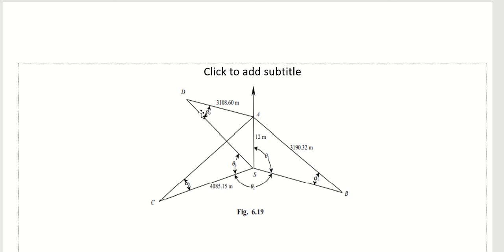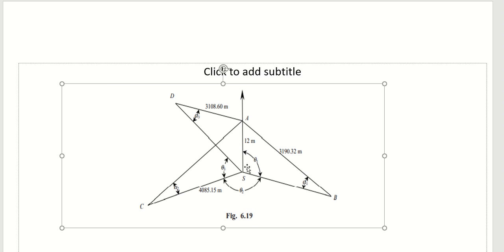So different points B, C, and D are joined to A and S, and the bearing measured from S to point B is theta 1, to point C is theta 2, and to point D is theta 3. And we have to determine the bearing when measured from triangulation station A.